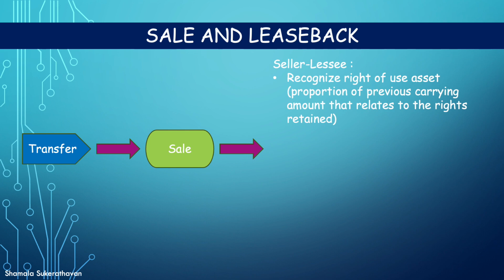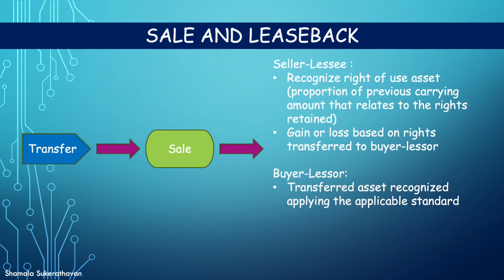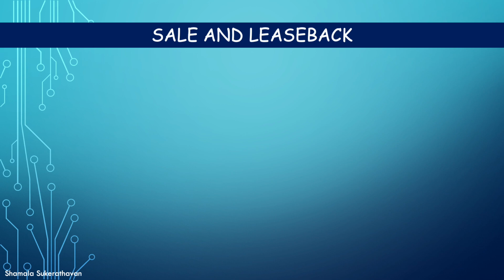Accordingly, the seller lessee shall recognize only the amount of any gain or loss that relates to the rights transferred to the buyer lessor. The buyer lessor shall recognize the transferred asset applying the applicable standards such as IAS 16, with the lessor applying the lessor accounting requirements of IFRS 16.